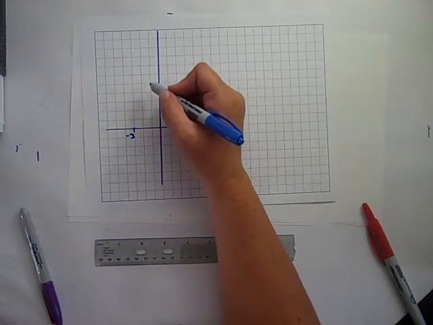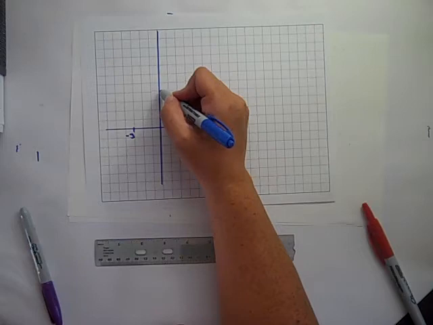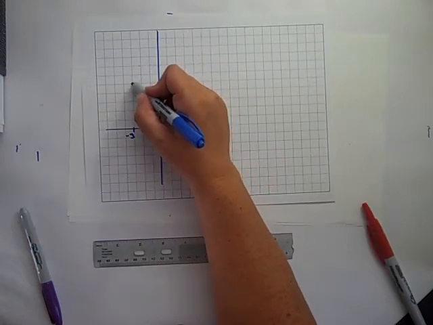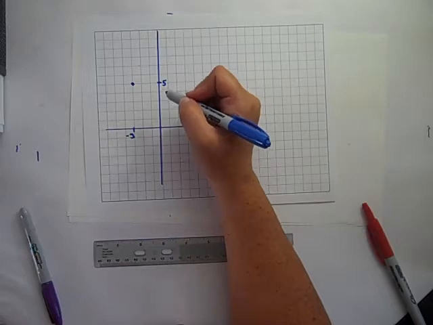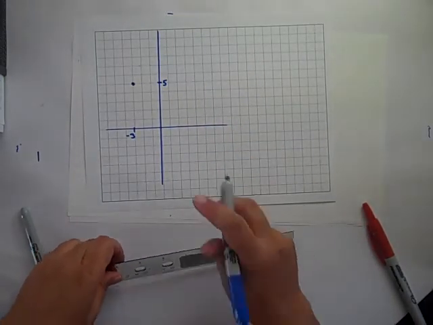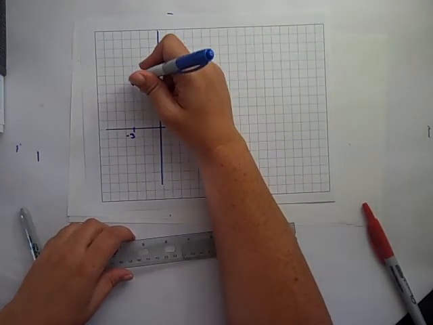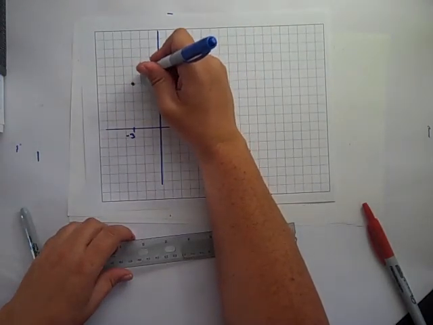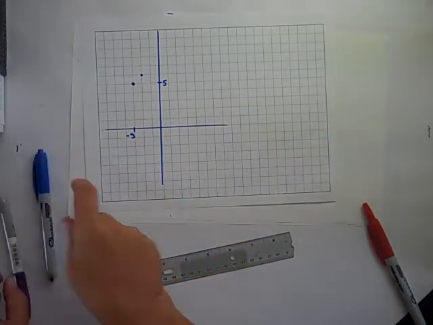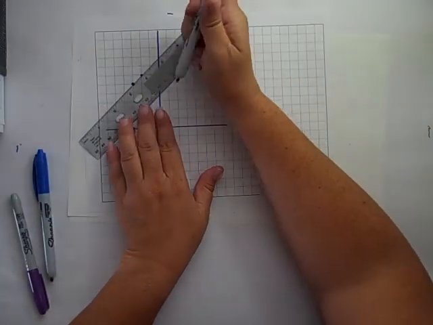And how about -3, 5? And then I'm just going to draw a line with a slope of 1. Oh, I need to put one more point. Here we go. So I go up 1 over 1. That's what a slope of 1 means. And I'll draw that line right now, just by connecting those dots.